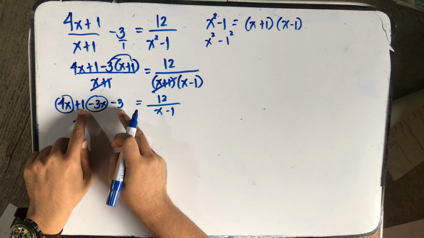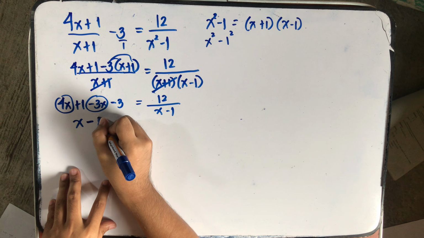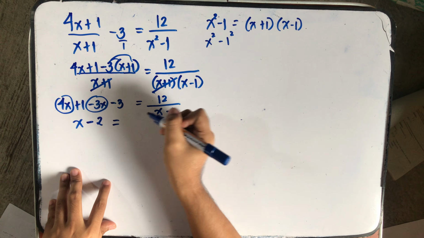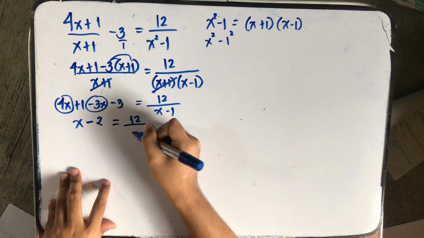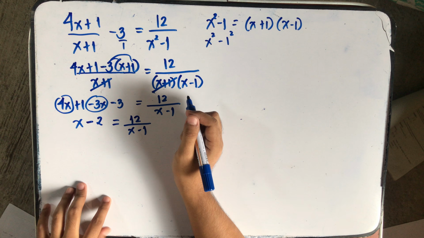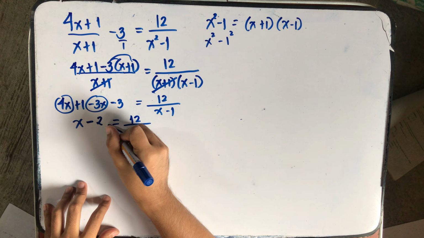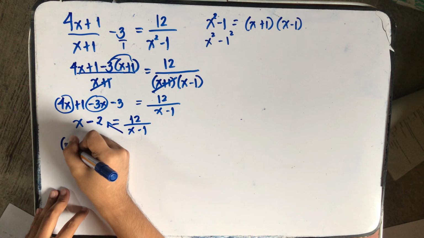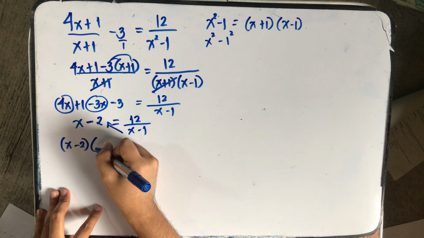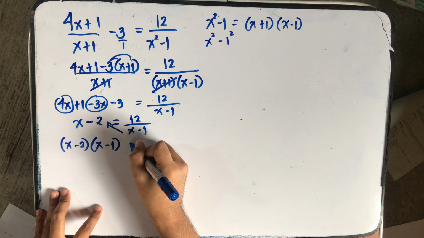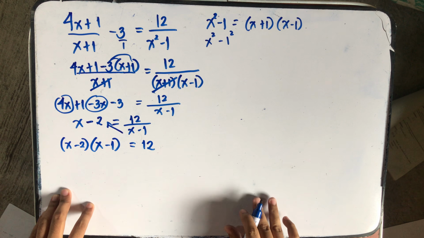If this is positive 1, this is negative 3, that is x - 2. x - 2 is now equal to 12 over (x - 1). In this case, we need to cross multiply, and this becomes (x - 2) times (x - 1) is equal to 12.